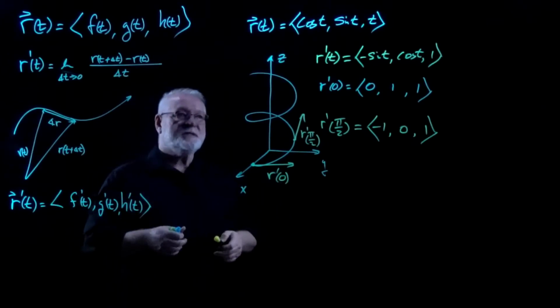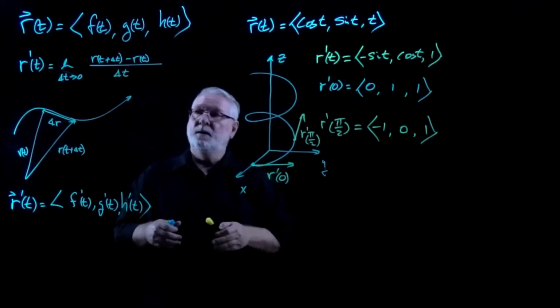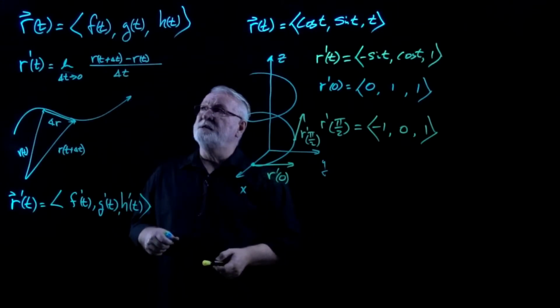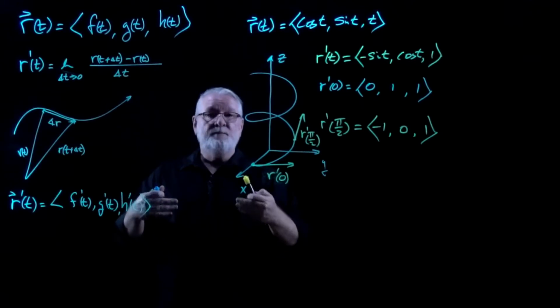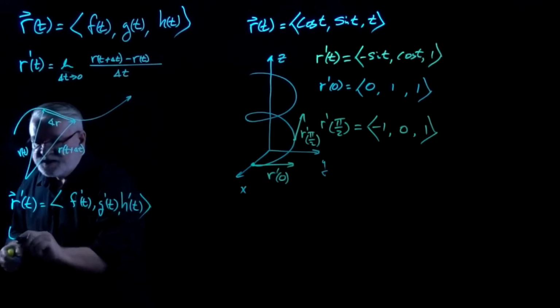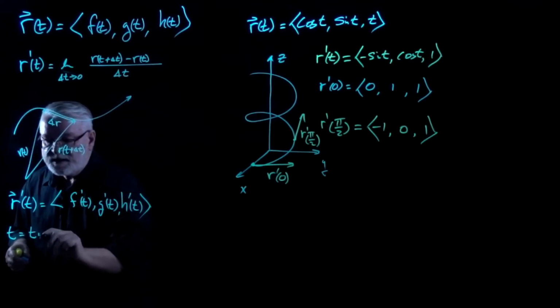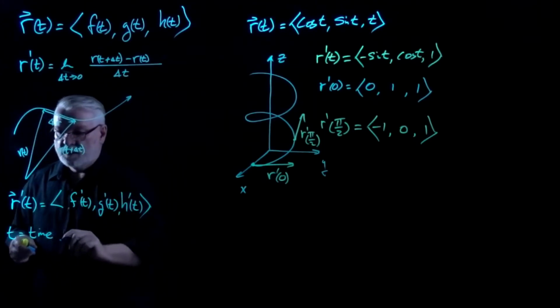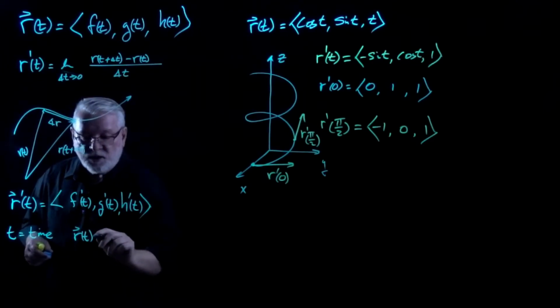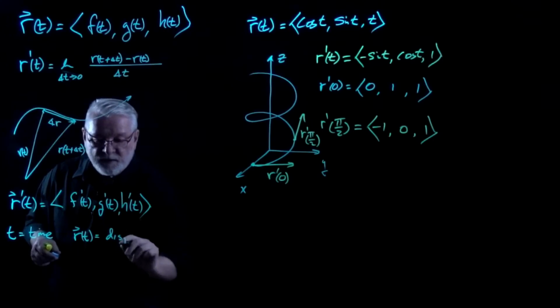An interpretation of the slope or an interpretation of the first derivative of these vector functions can be drawn from physics. If t actually represents time, then we can consider r of t to actually represent displacement.